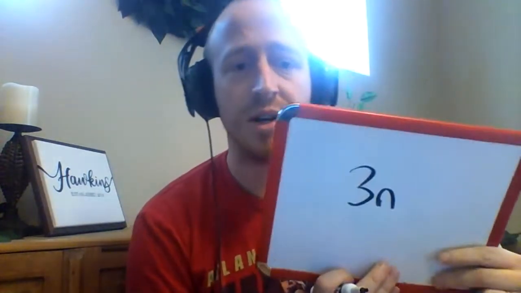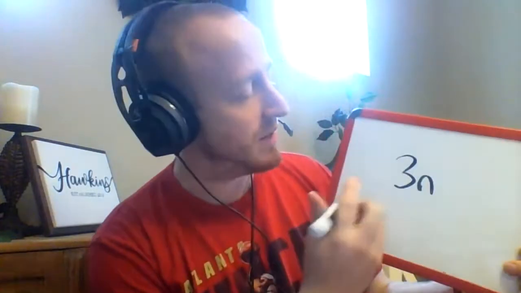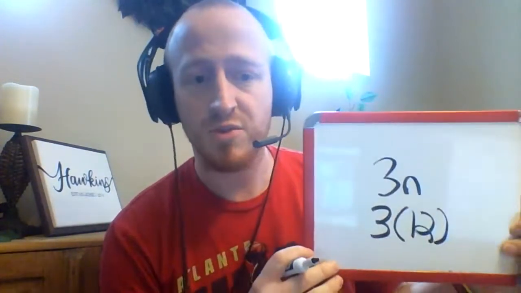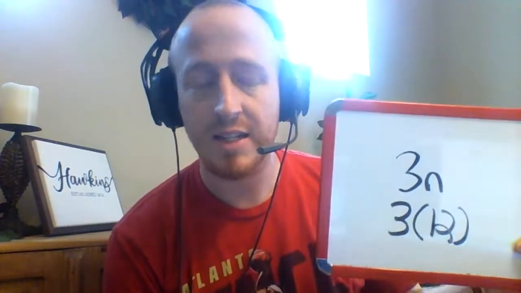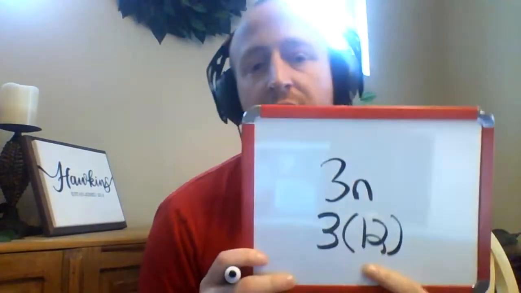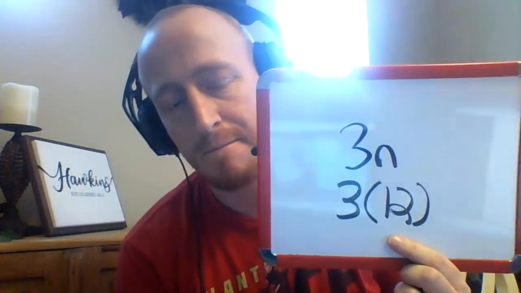Since the rule is simply 3n, the 12th term would be 3 times 12. 12 would be that n. So that's how we get 36 for number 4. All right. Does that make sense?